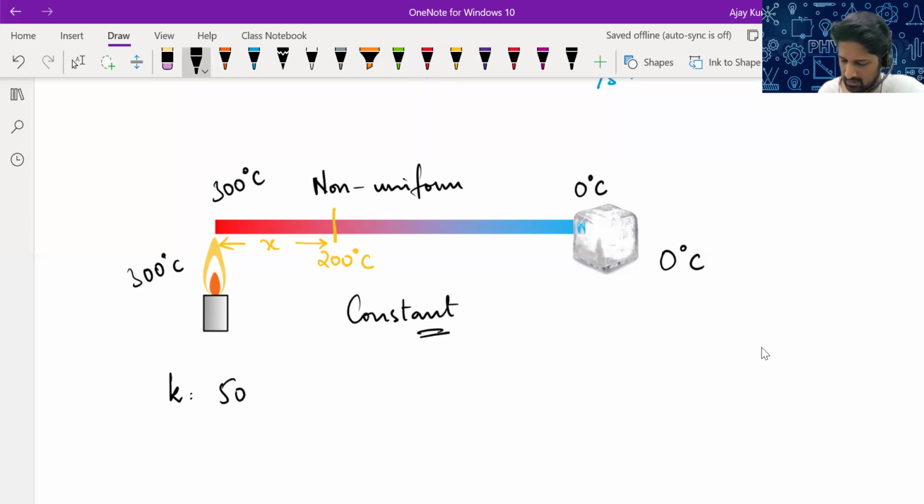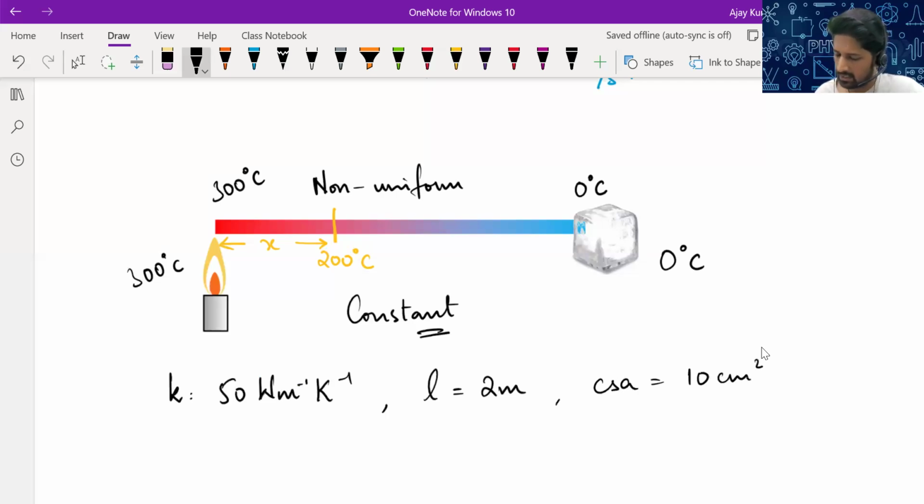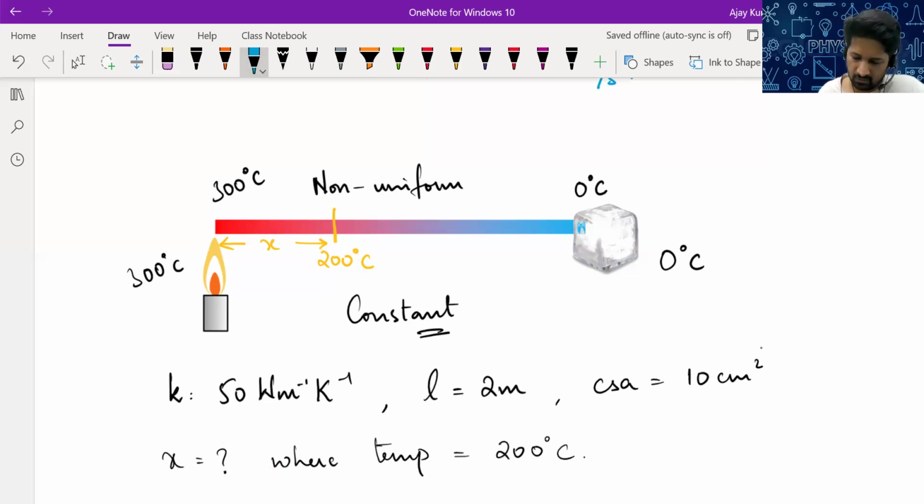Thermal conductivity is 50 watts per meter per Kelvin. Length of the total rod is 2 meters, and cross-sectional area is 10 centimeters square. I want you to find the distance from the left end where the temperature is 200 degrees C, at steady state. Try this, all of you.